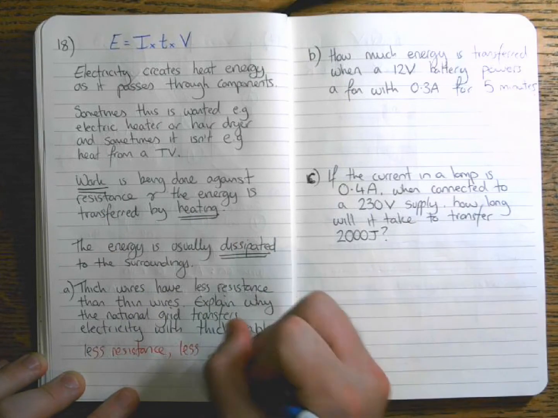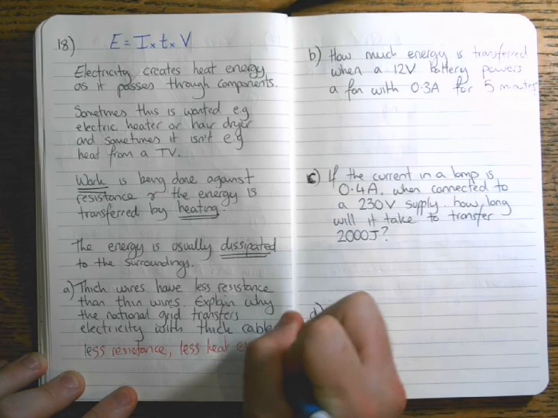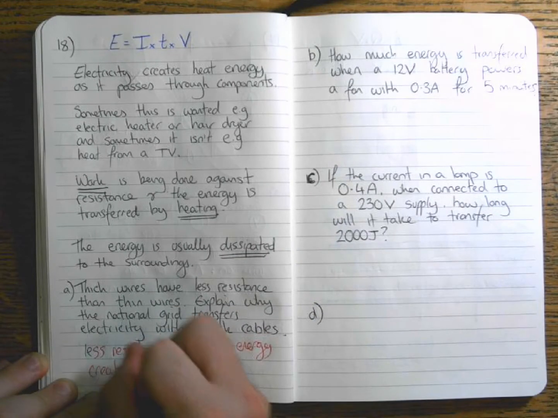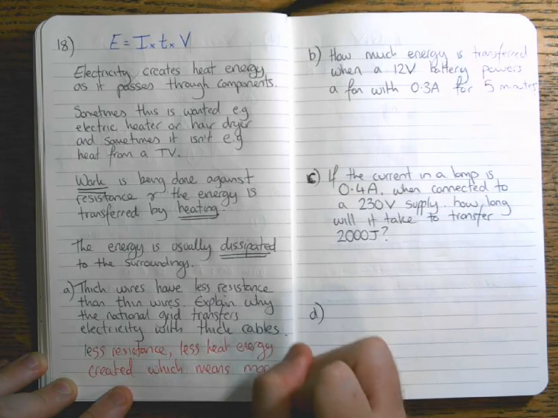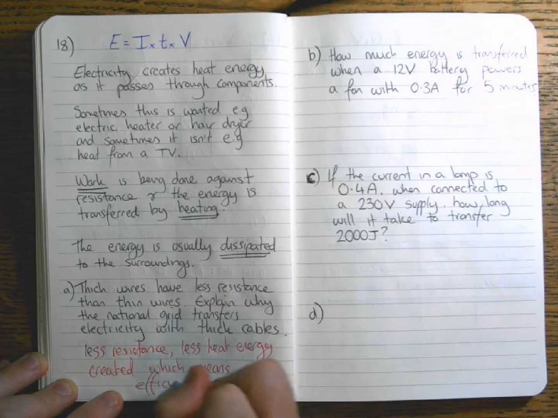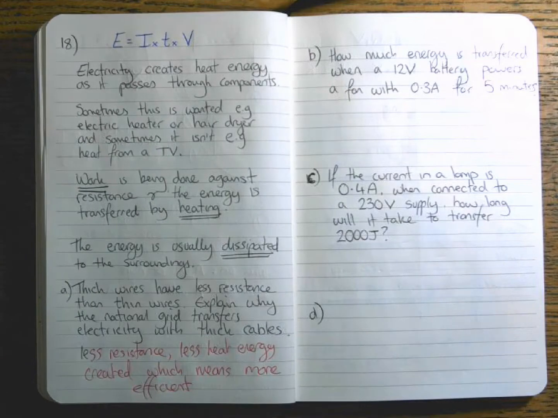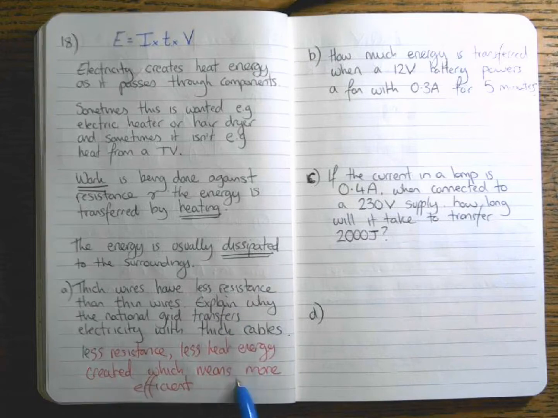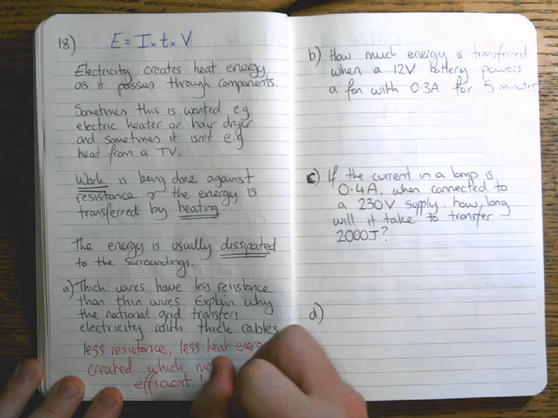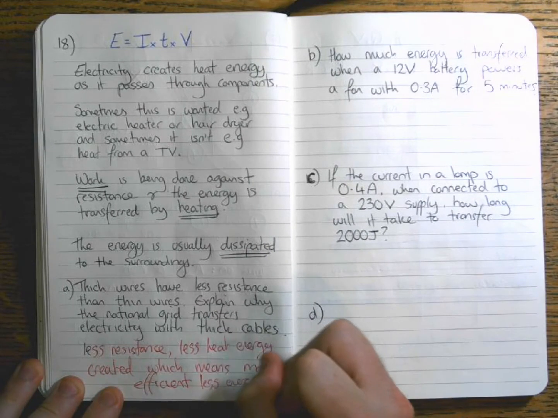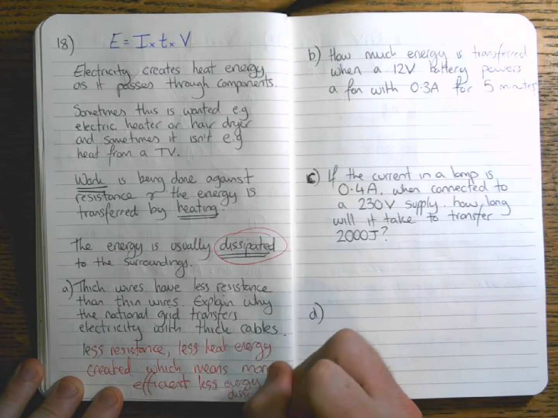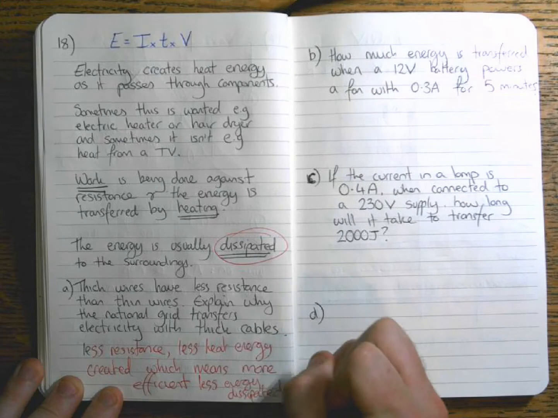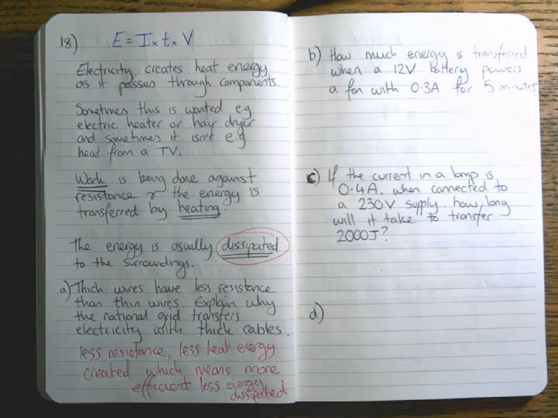Less resistance means less heat energy created, which means the system would be more efficient. So thick wires means less resistance means less heat energy created, which means that the whole system is more efficient. We've got less wasted energy because less energy will be, and this is where we use our word, less energy will be dissipated. We don't want to dissipate our energy in the national grid. We want to keep it in the national grid.